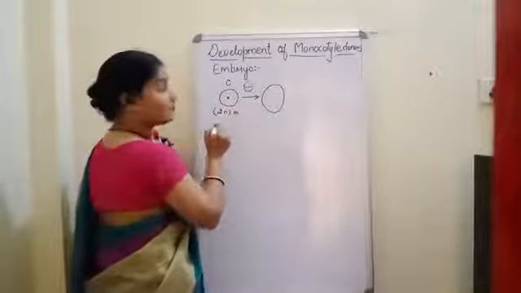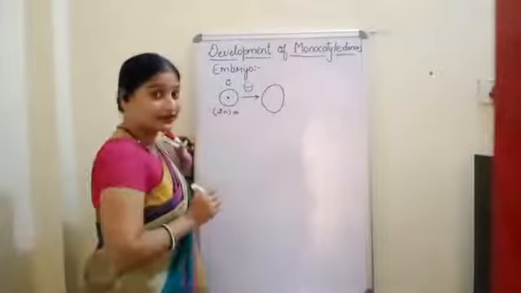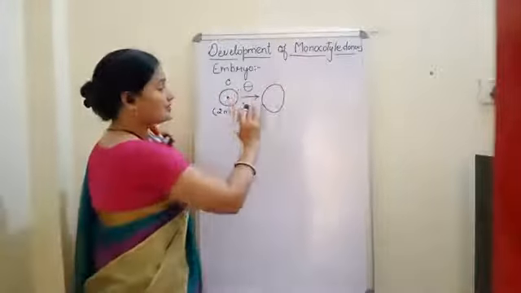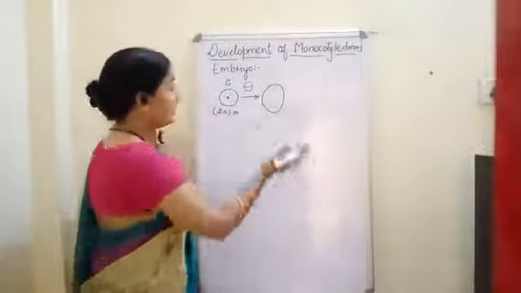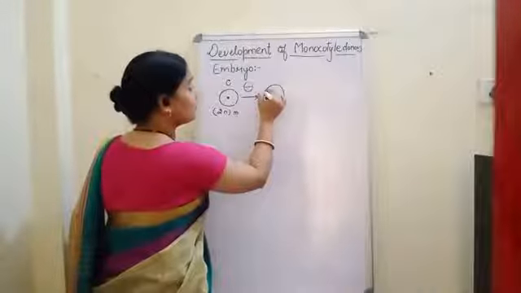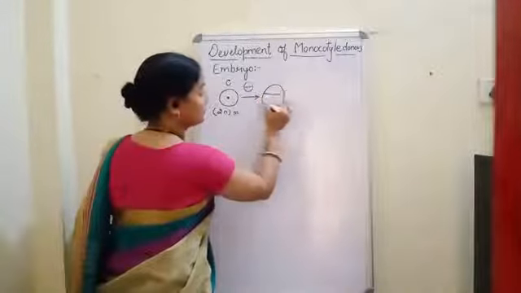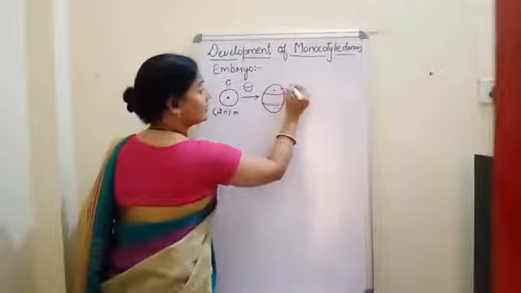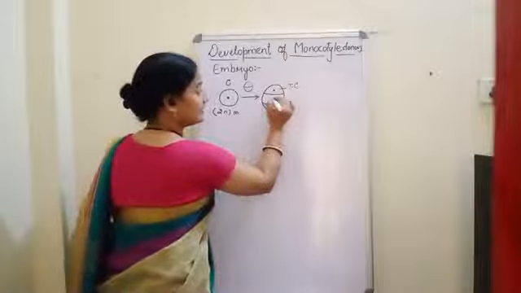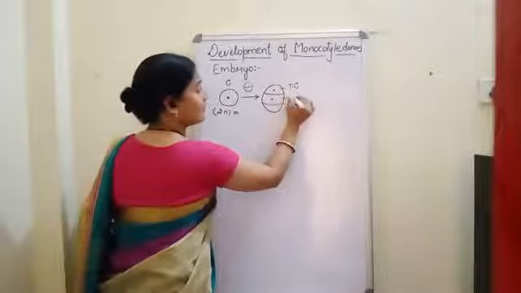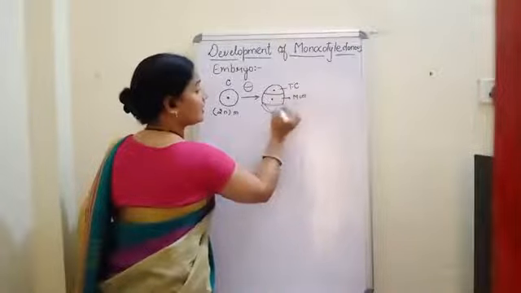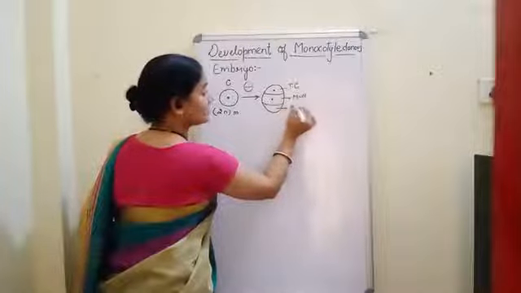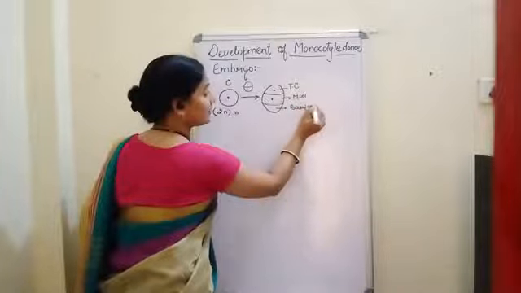This will be the terminal and this will be the basal. And then the basal cell divides once again and gives rise to the middle cell also. Now this is your terminal cell, this is the middle cell, and this is called the basal cell.